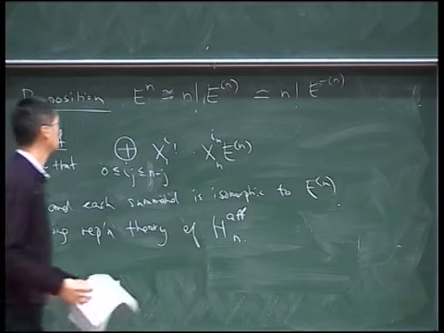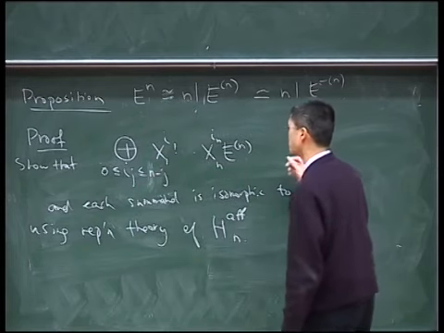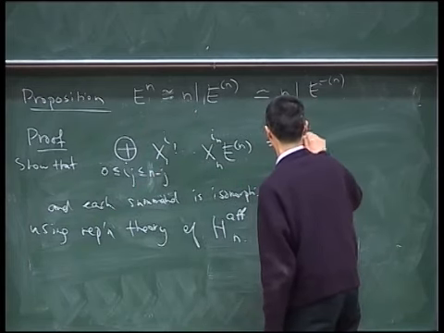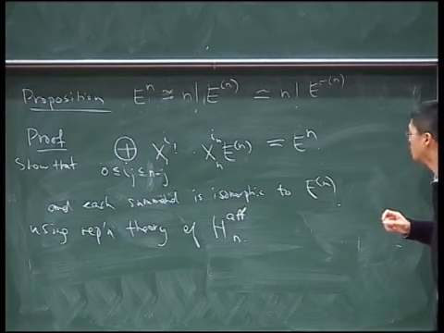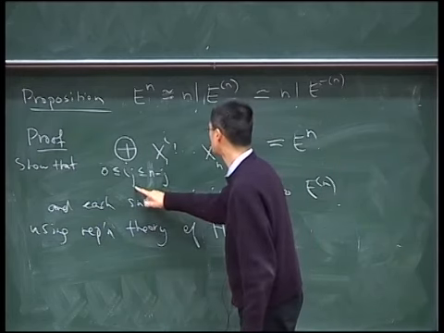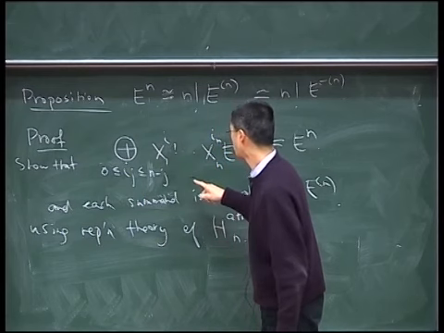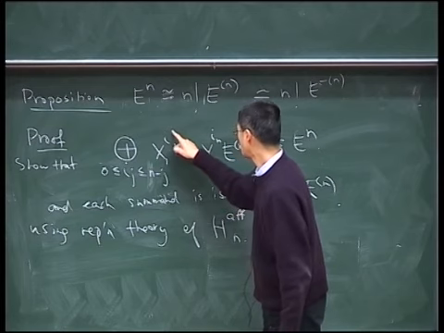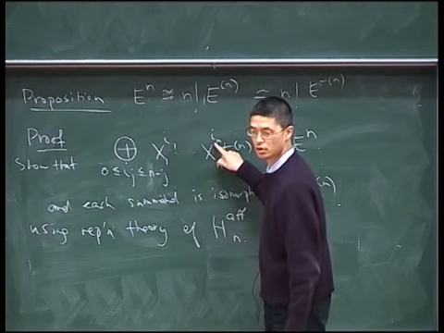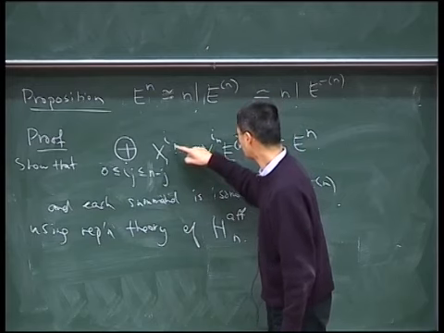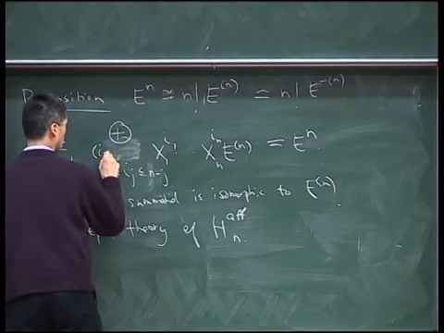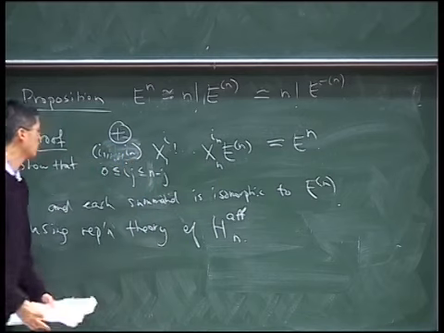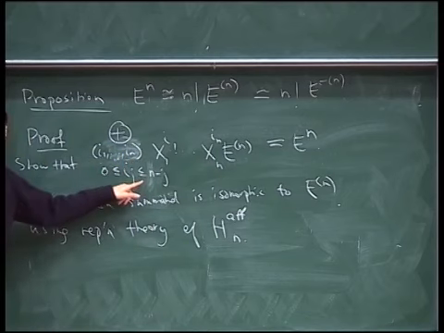The J, sorry, it's just the index for each of the, so I'm taking the sum over all tuples I1 through IN, satisfying this condition.